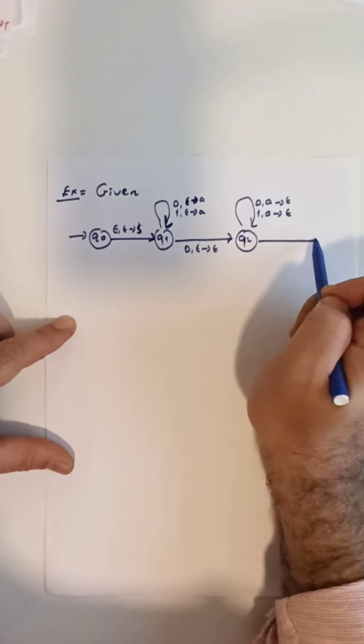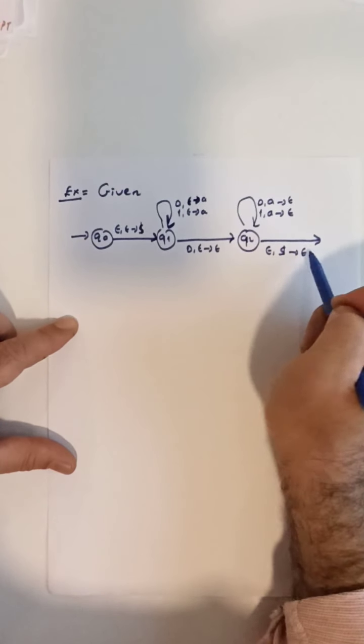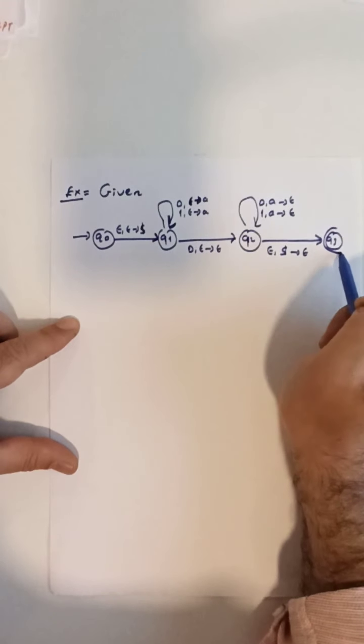It has a final transition, epsilon, dollar, epsilon, and goes to an accepting state Q3.